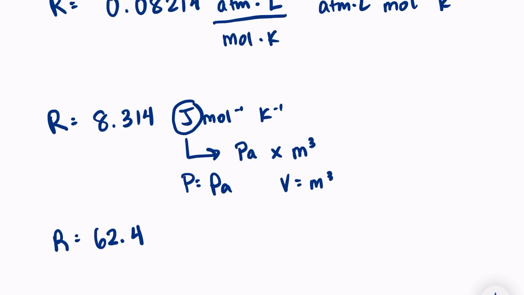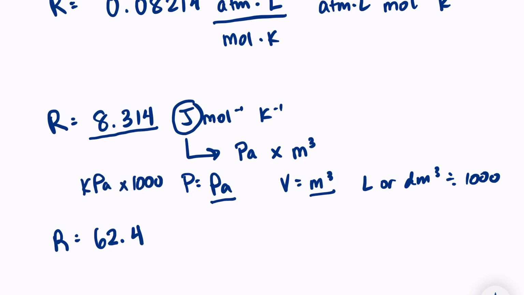So if you were given liters or decimeters cubed, you would divide by 1,000 to get into meters cubed. So if you're using the ideal gas constant 8.314, pressure needs to be in pascals, volume needs to be in meters cubed. If you're given kilopascals, you'll multiply by 1,000. If you're given liters or decimeters cubed, you'll divide by 1,000.